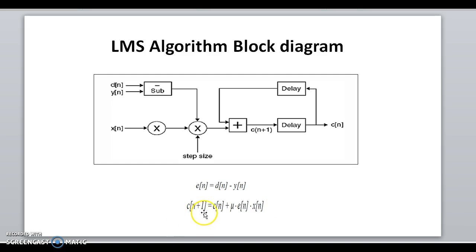C of n plus 1 and C of n are the coefficients generated from the adaptation algorithm. C of n is the previous coefficient value, and C of n plus 1 is the new coefficient value for the data cycle n.